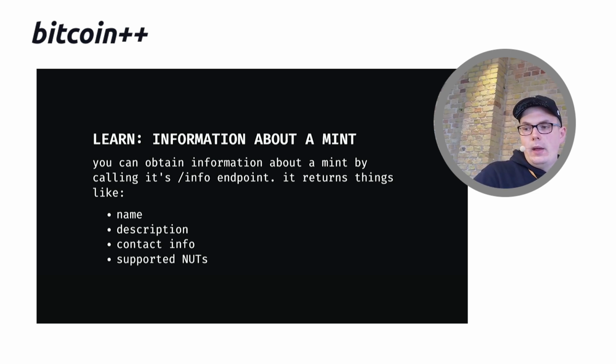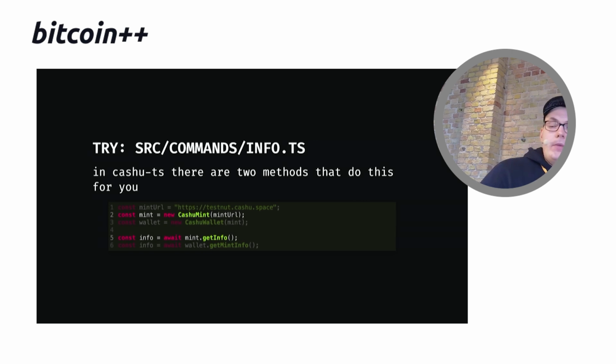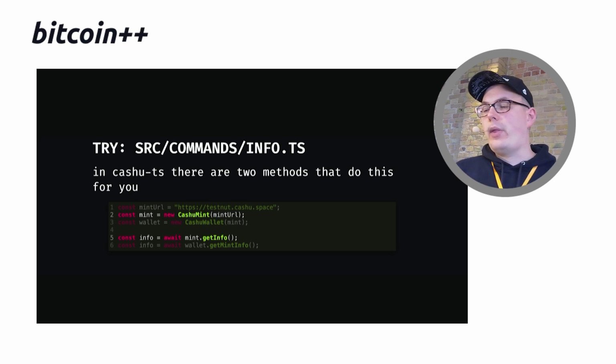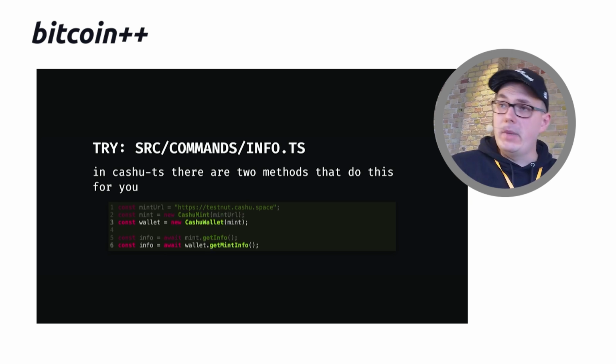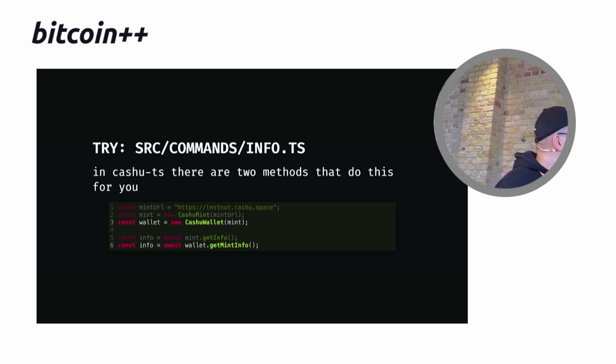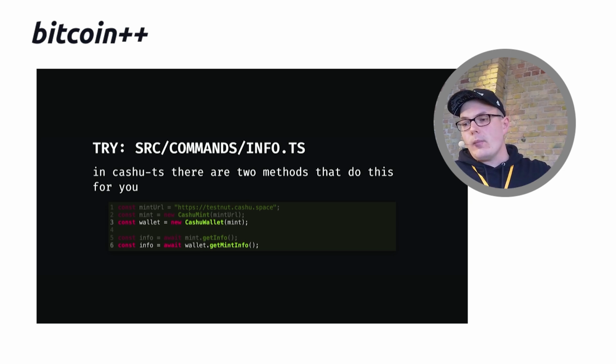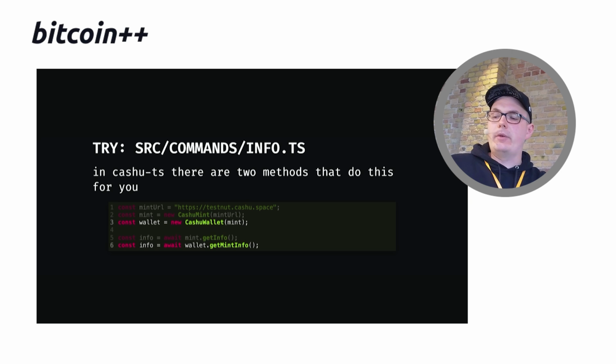Yeah, so the info endpoint, as I said, just returns JSON data, so you could just do a fetch call and get the data yourself. But cashu-ts does expose 2 methods to get the info as a JavaScript object. There's one on the Cashu mint class, and there's one on the Cashu wallet class. On the Cashu mint class it is get info, and on the Cashu wallet class it is get mint info. And actually, this is the only time today that we're going to call a method on the mint instance directly.